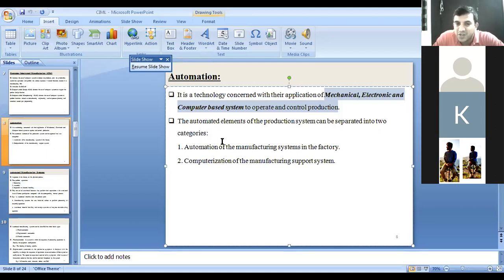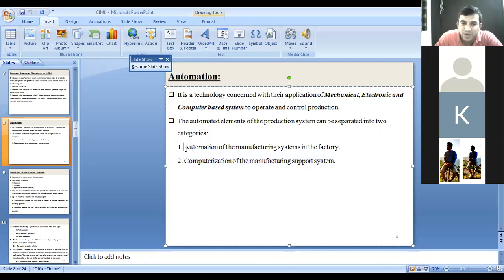There are two things in automation. One is automation of the manufacturing system in the factory, meaning converting raw materials into semi-finished or finished products. The second is computerization of the manufacturing support system, the supporting elements apart from manufacturing.